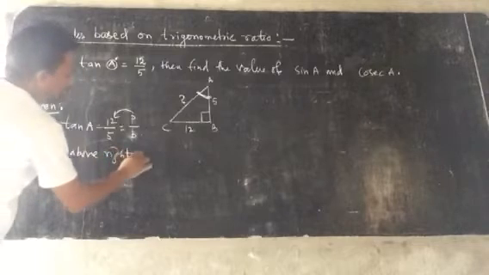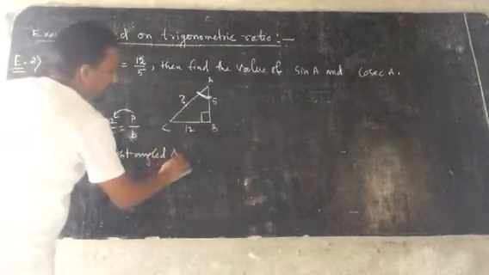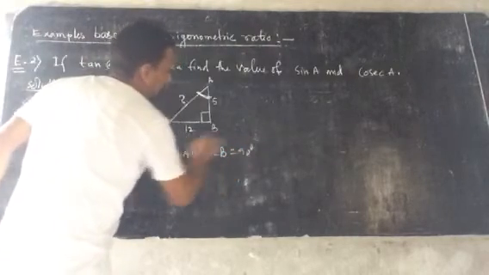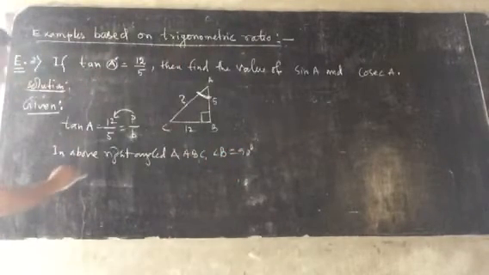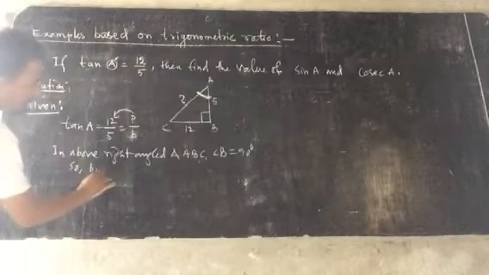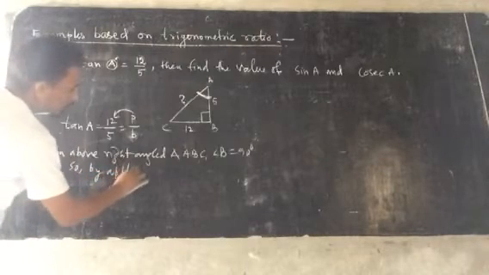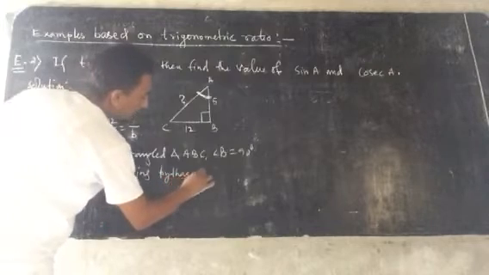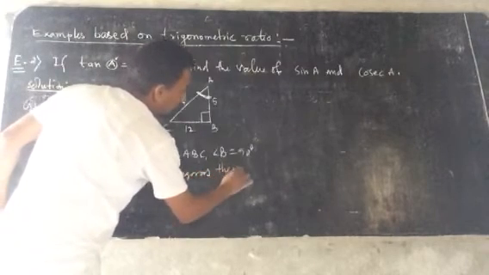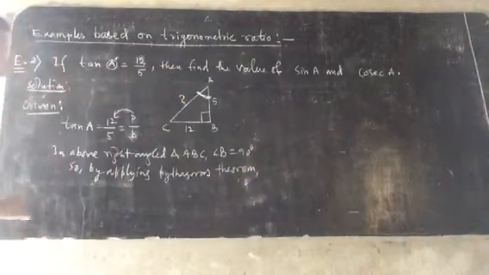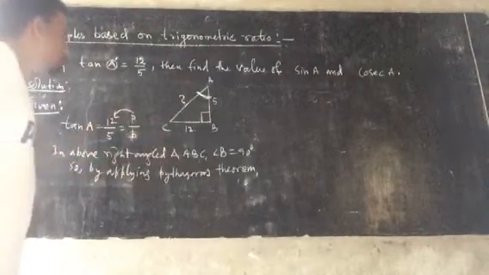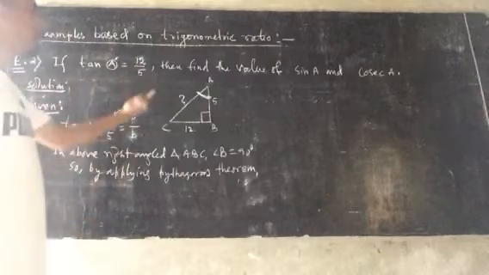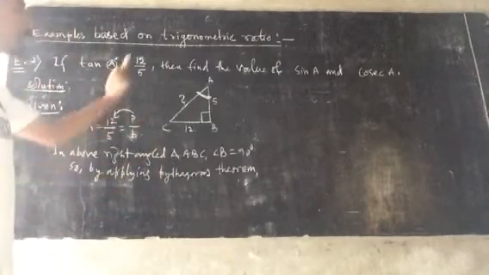In the above right angle triangle ABC, angle B equal to 90 degrees. By applying the Pythagoras theorem, what does it say? The square of the hypotenuse is always equal to the sum of the squares of the other two sides.